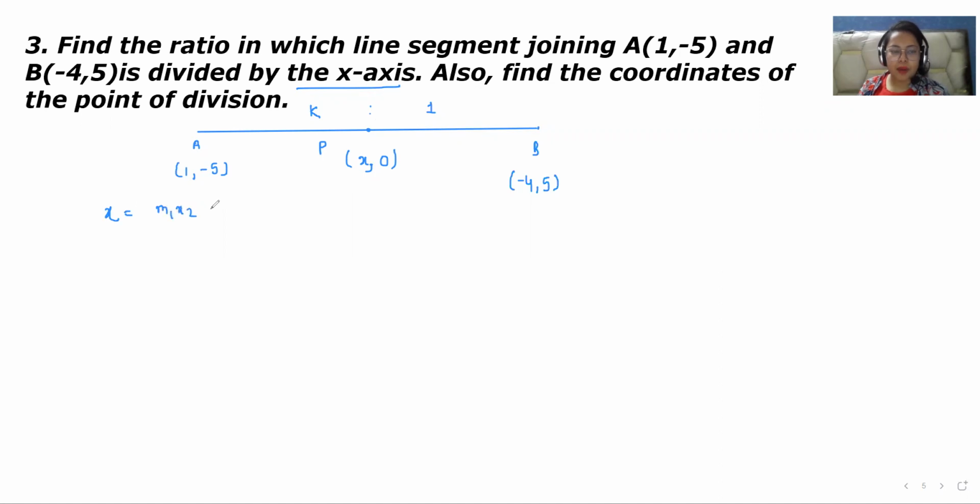M1 x2 plus M2 x1 over M1 plus M2. X is x, M1 is k, x2 is minus 4 plus M2 is 1 and x1 is 1, over k plus 1.